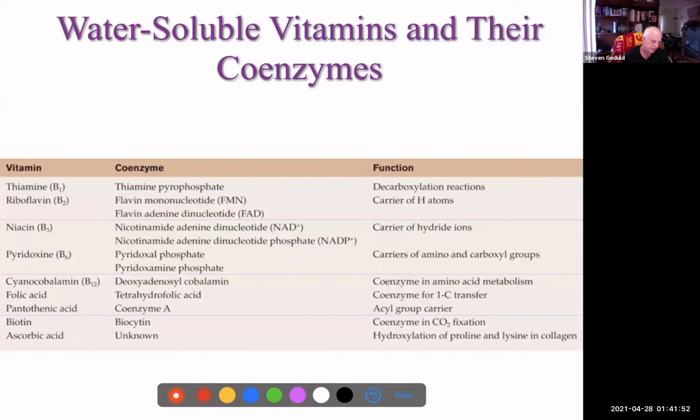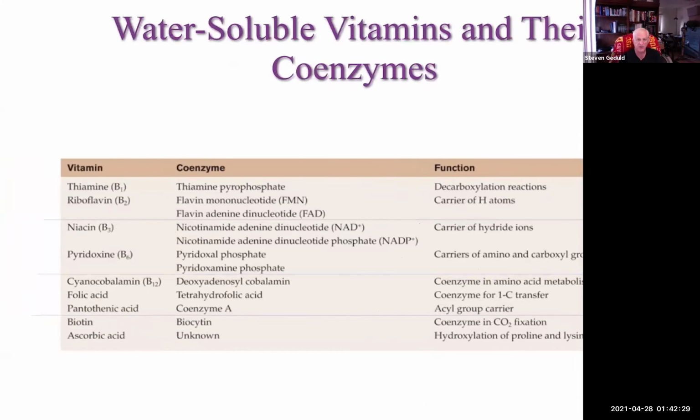Here are the different water-soluble vitamins: B1, B2, B3, B6, B12, folic acid, pantothenic acid, biotin, ascorbic acid. Ascorbic acid is the only one that's unknown as to where it functions as a coenzyme. The other ones all have coenzymes which act in decarboxylation, carry hydrogen atoms, hydride ions, and are carriers of amino acid and carboxyl groups. So like we said, vitamin C, ascorbic acid, is the only one we don't know where the coenzyme fits into any other enzyme.